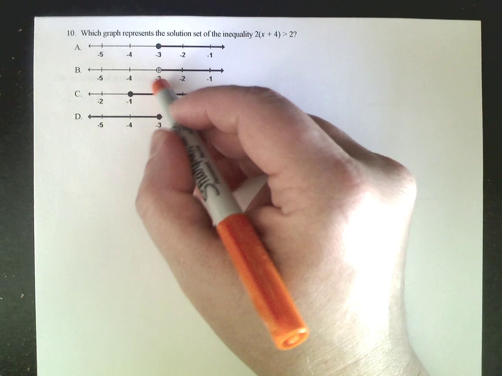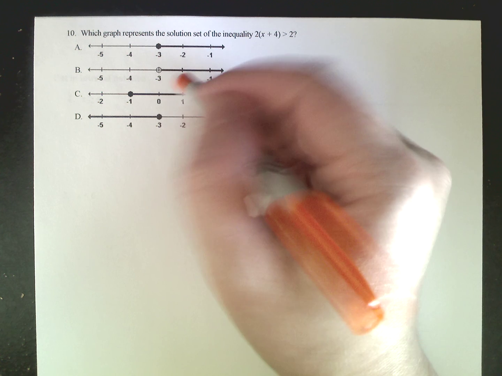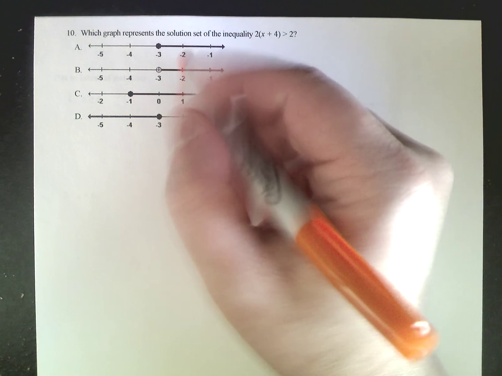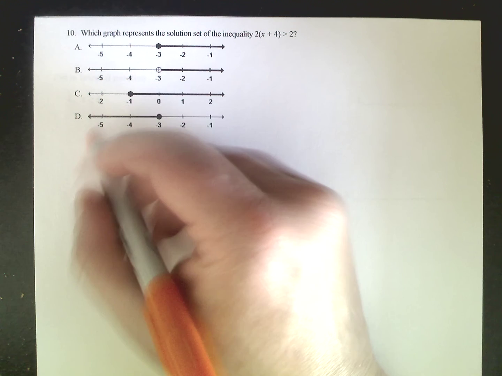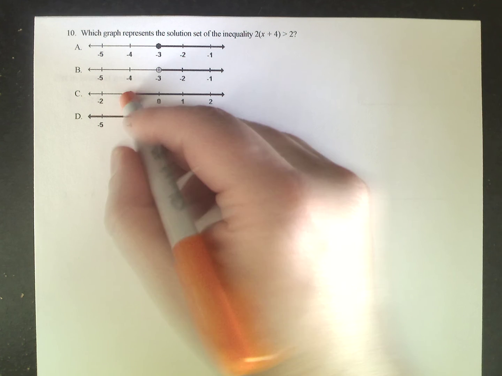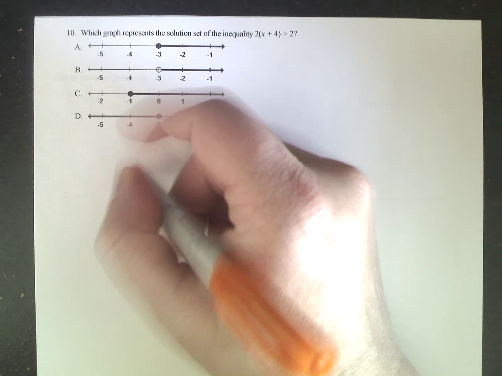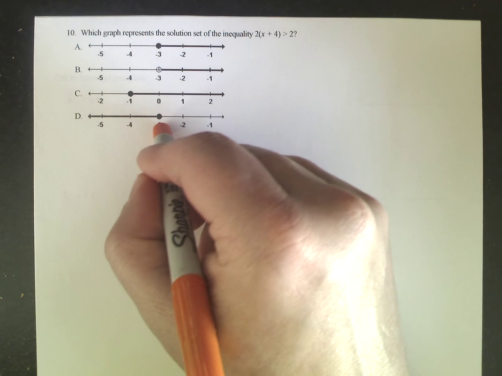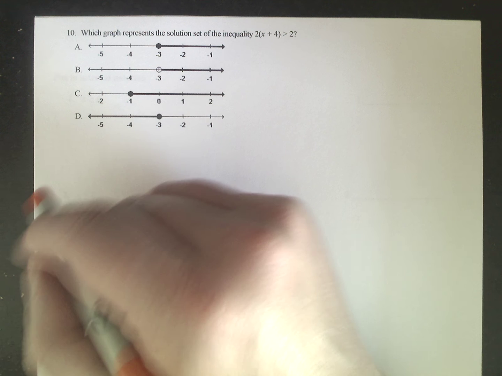B, a number line with an open circle at negative 3, and it's going to the right. C, there's a circle at negative 1, it's filled in, and it's going to the right. And D, there's a circle at negative 3, it's filled in, and it's going to the left.